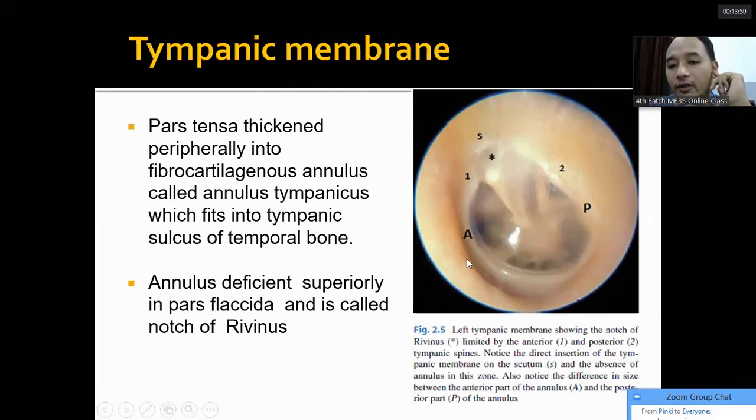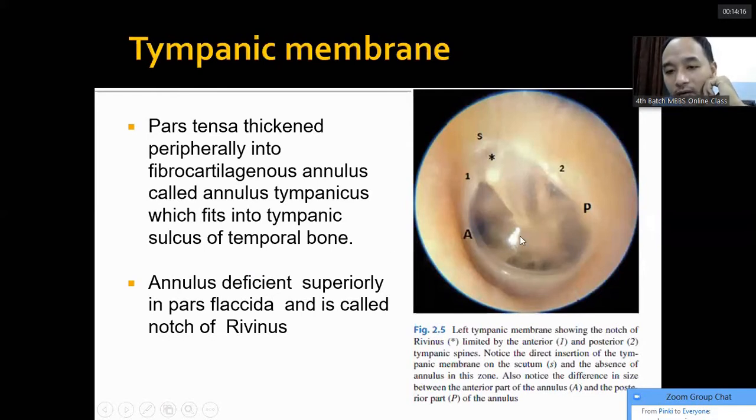This fits into the tympanic sulcus of the temporal bone. This annulus is deficient in the pars flaccida. And the notch of the temporal bone, where the pars flaccida fits and there is no annulus, is called the notch of Rivinus.